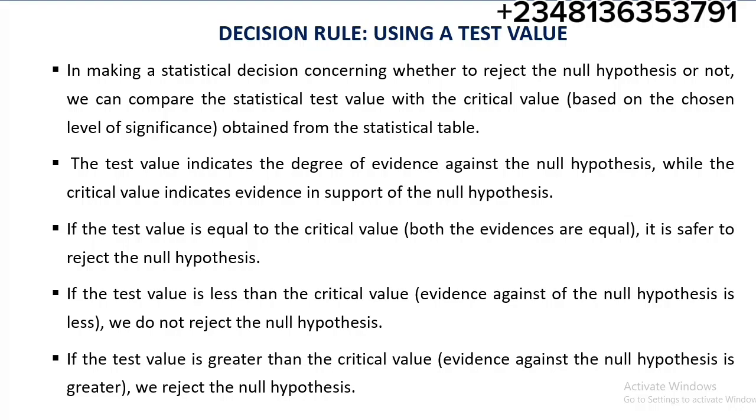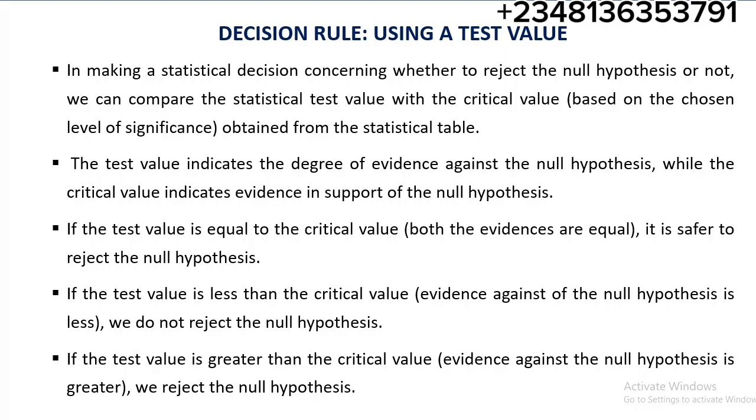The test value indicates the degree of evidence against the null hypothesis, while the critical value indicates evidence in support of the null hypothesis. If the test value is equal to the critical value, in this case both evidences are equal, again it is safer to reject the null hypothesis. In other words, if our test value is equal to the critical value, we are going to reject the null hypothesis.